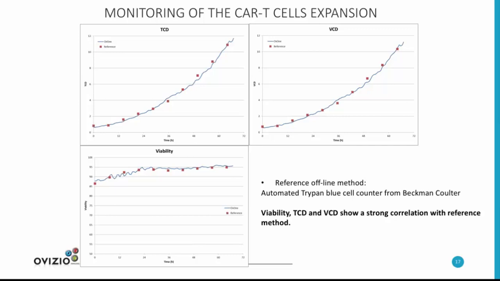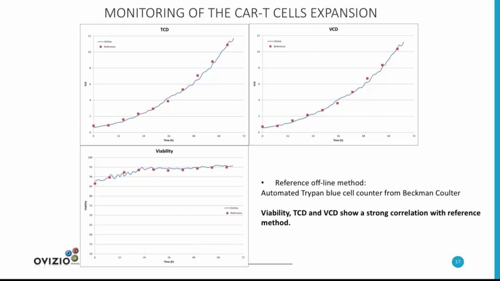The first thing that you will notice is, of course, that OsOne monitors continuously for the whole run, so you get a line with a data point every 30 minutes, while with the reference method, with 1 or maybe 2 samples a day, you will only get 1 or 2 results a day maximum.